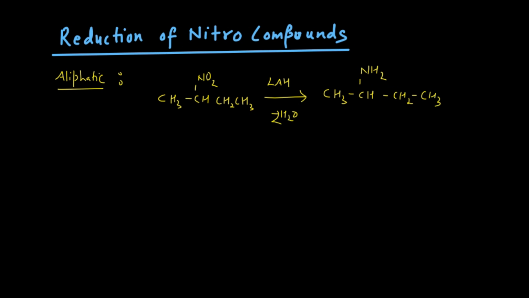Now suppose you are having aromatic, very important one, especially for the JEE examination. You are having the aromatic nitro compounds. Say you are having nitrobenzene. If you do the reaction of this nitrobenzene with lithium aluminium hydride, in the mixture you are having two products initially.